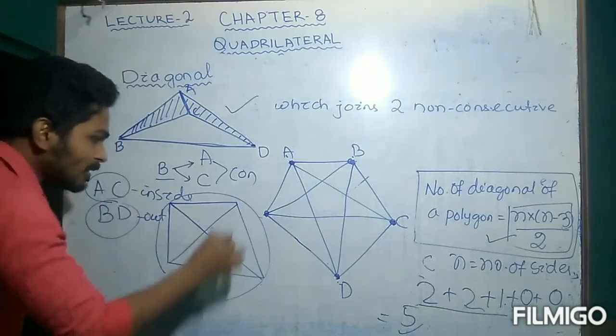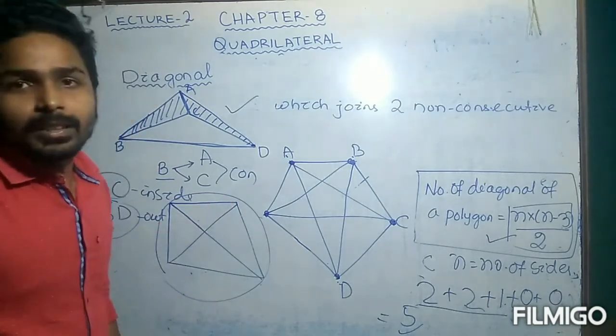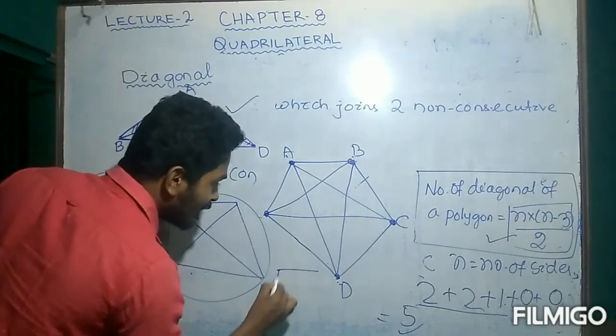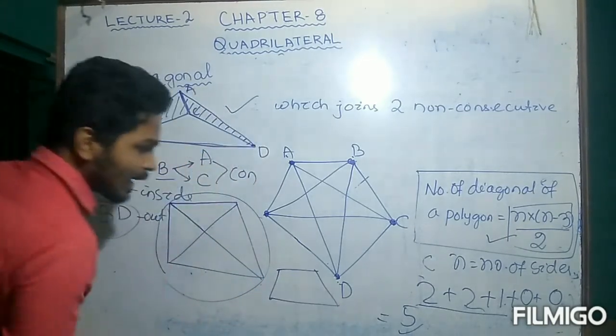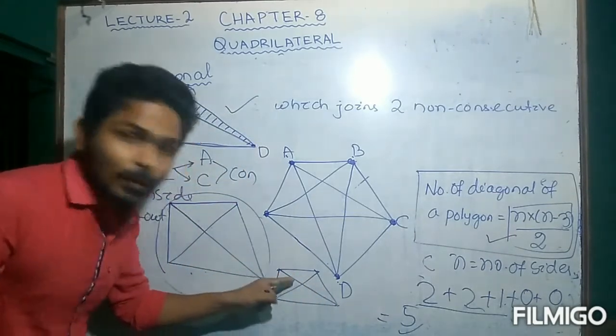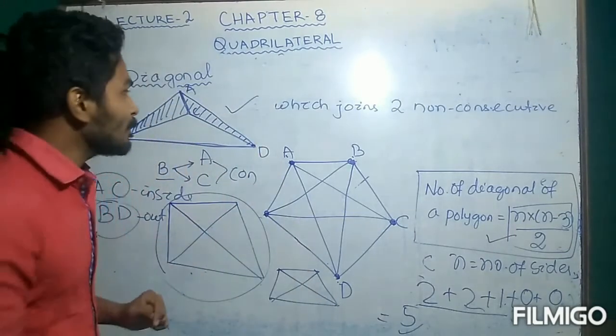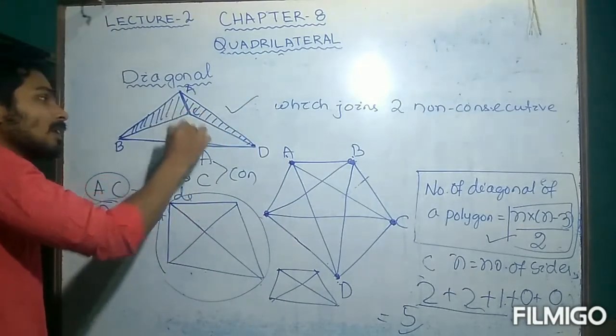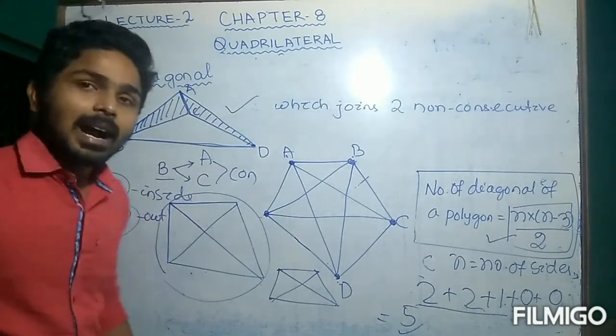But look at this figure. In this figure both diagonals lie inside the figure. If you take another quadrilateral like a trapezium, then here also the two diagonals lie inside the quadrilateral. But in this case, one diagonal lies inside and one diagonal lies outside.